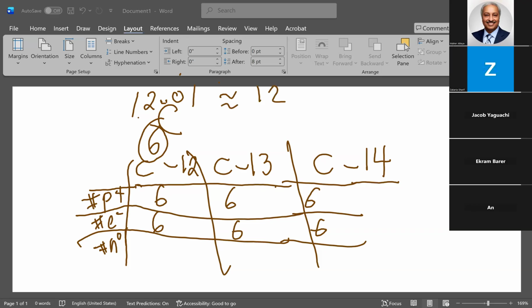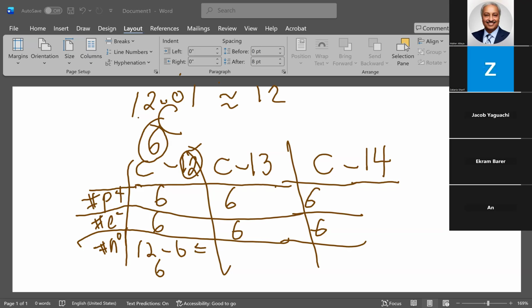So neutrons here will be 12 minus 6 equals 6. 12 is the atomic mass, minus the protons, because atomic mass is the sum of protons plus neutrons.